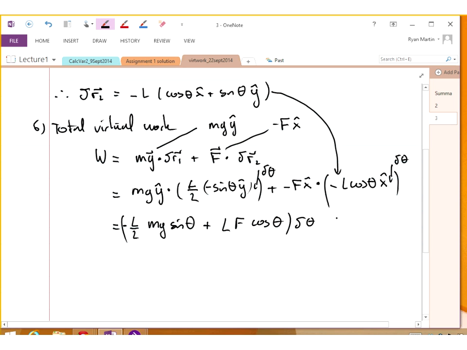And now we have static equilibrium if the total work is 0. So we set this equal to 0. Of course, the delta theta now we don't need to keep.